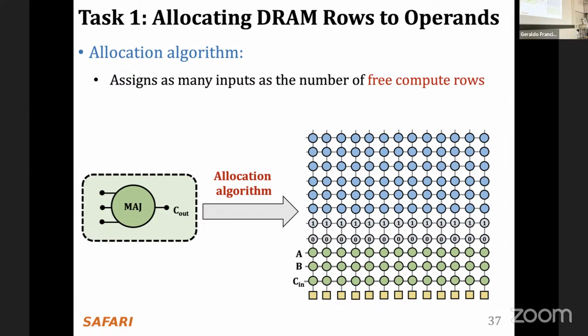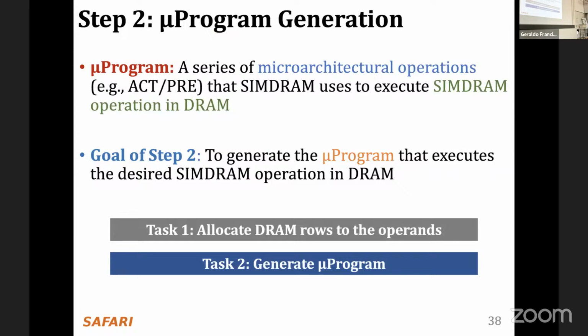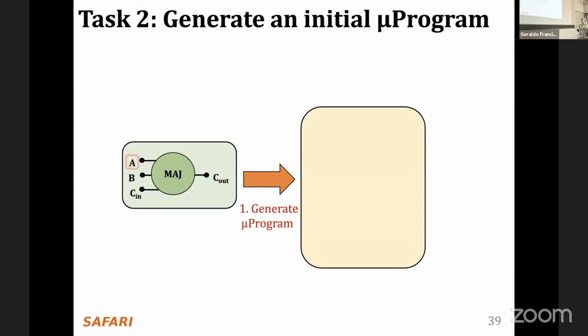And once you don't have 3 inputs, we try to reuse the inputs from the previous triple activations or for the follow-up triple activation that have data dependence over there.